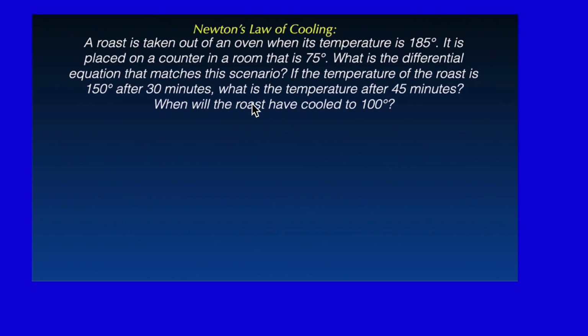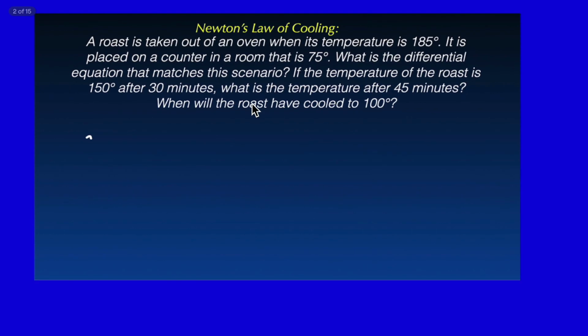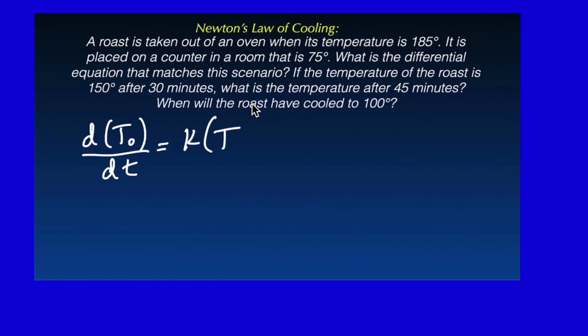So recall, Newton's law of cooling is that the rate of change of the temperature of an object with respect to time is directly proportional to the difference between the temperature of the object and the ambient temperature. Remember the mnemonic TOA. The object comes first. Folks, this is way too many T's.